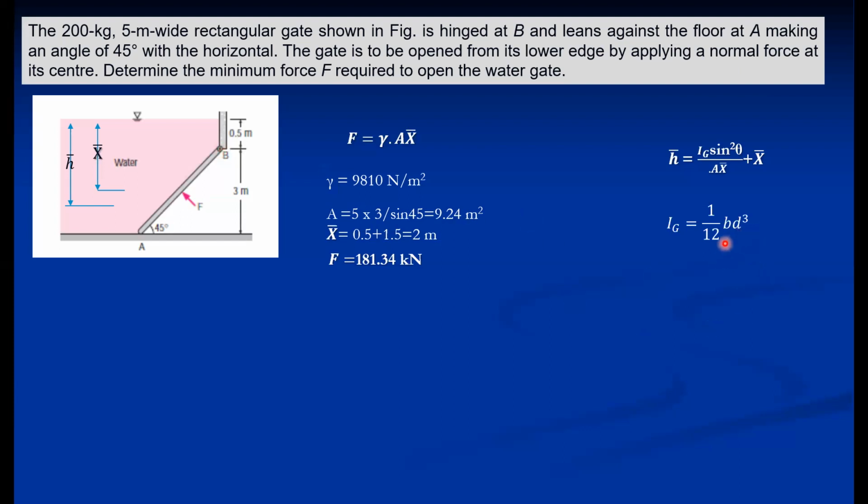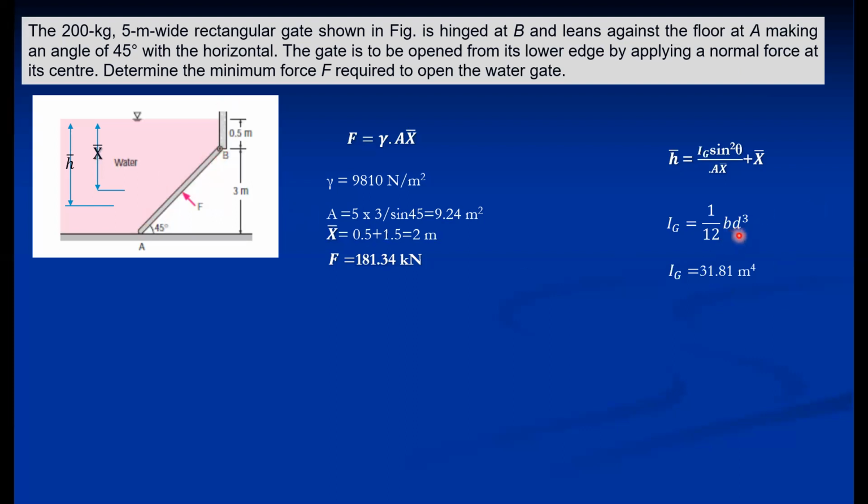Now we have to recognize which is B and which is D. Always the side which is parallel to the free liquid surface, that is perpendicular to the board or perpendicular to the plane, is B, so that is 5 meters. And D, which is perpendicular, is 3 by sine 45. So by putting the values, we can calculate Ig, that is 31.81 meter to the fourth. So that is the crux.